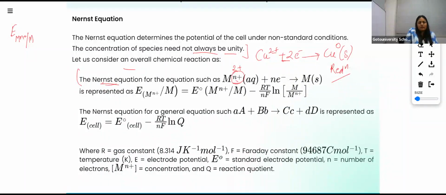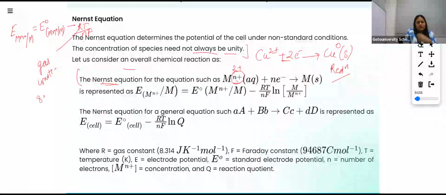The formula for writing the Nernst equation is: E for any concentration equals the standard electrode potential minus RT by nF. This R is the gas constant.